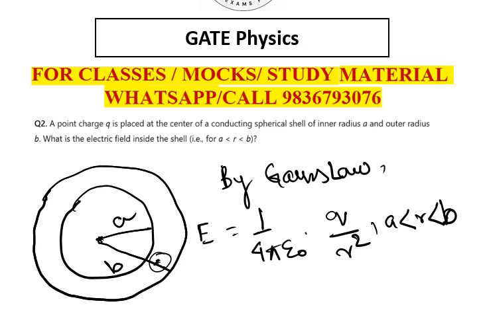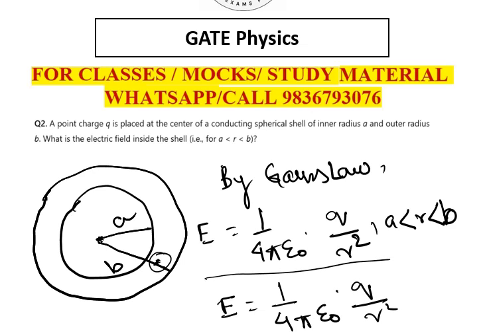So the required expression for the electric field is E equal to 1 by 4 pi epsilon naught into q by r square. So it's a simple expression from Gauss's law.